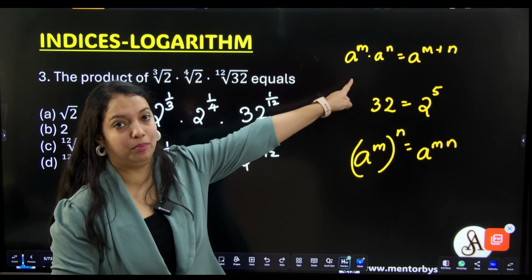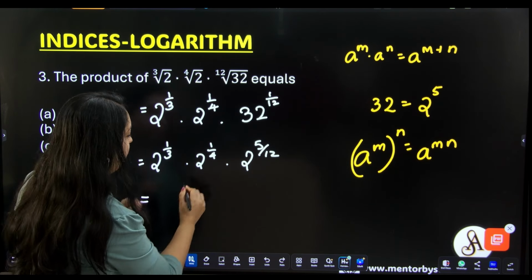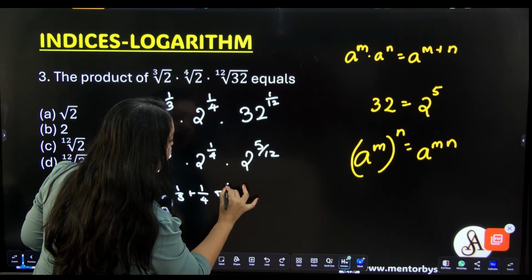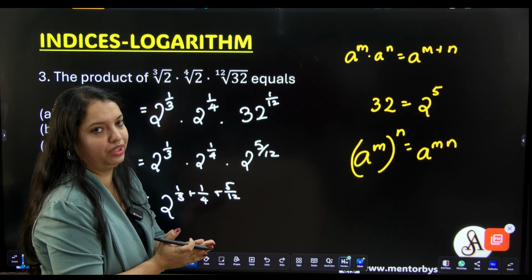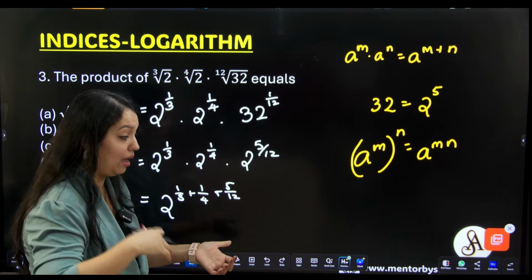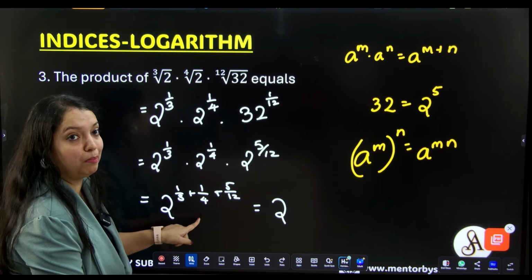Now apply the first formula, a power m into a power n, add the powers: 2 to the power of 1 by 3 plus 1 by 4 plus 5 by 12. If you are someone who is not comfortable with fractions, you directly take the calculator and work it out. I'm comfortable with fractions, that's why I'm teaching you 1 by 3 plus 1 by 4.